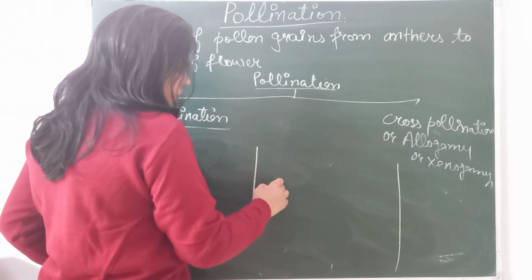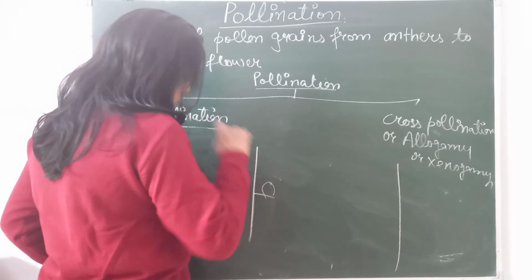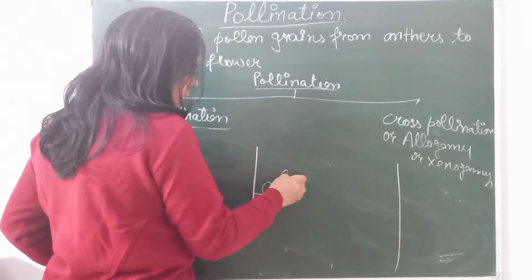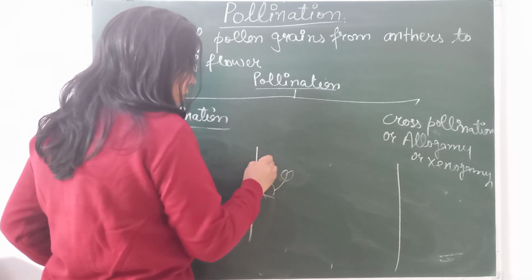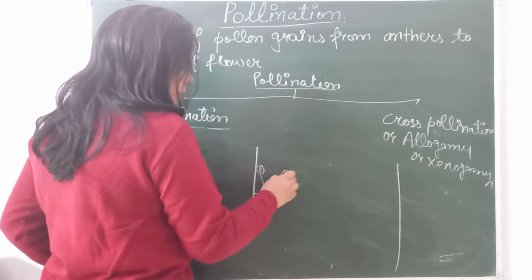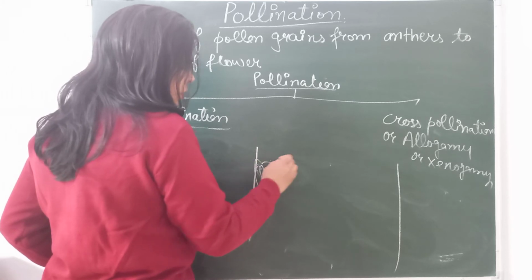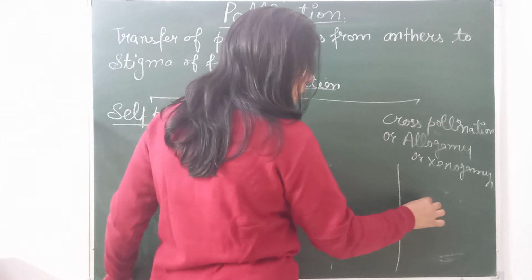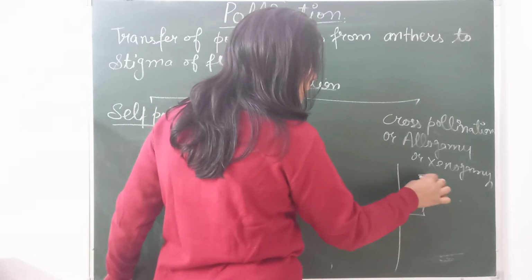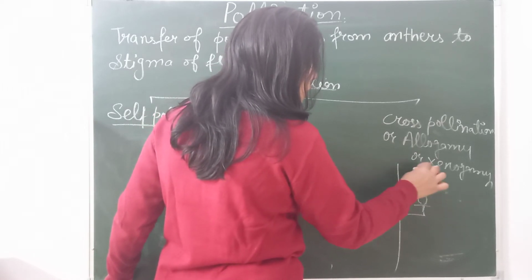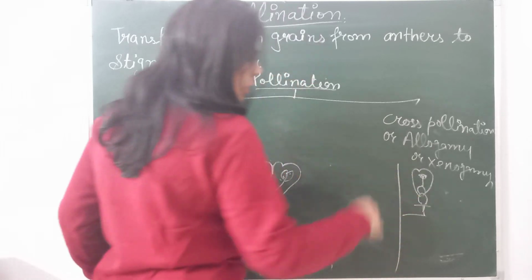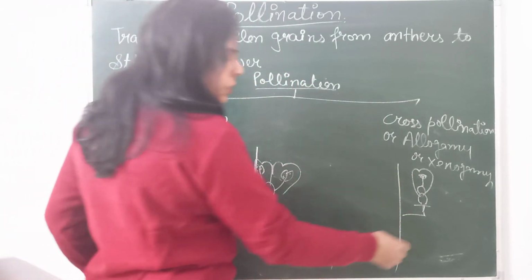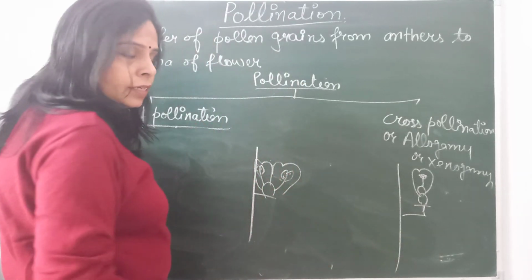Suppose this plant has, for example, the male reproductive part, ठीक है, male flower है, anthers, and in this plant, its female reproductive part is here, ठीक है. This is the female flower, the plant can be unisexual, this is the female plant, this is the male plant, right?